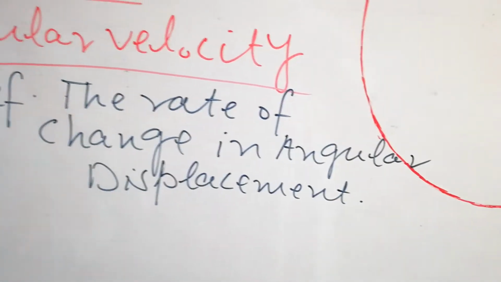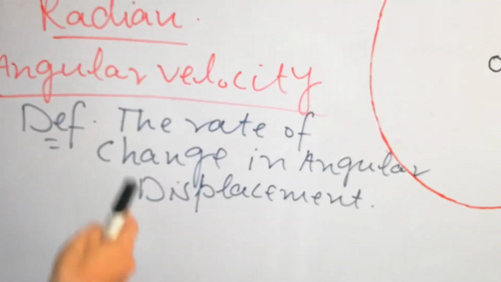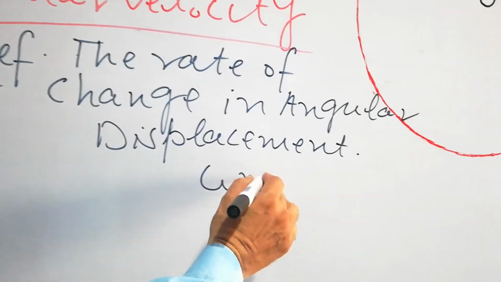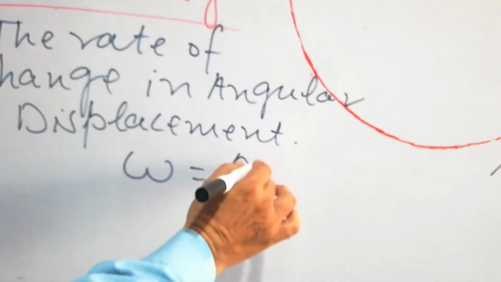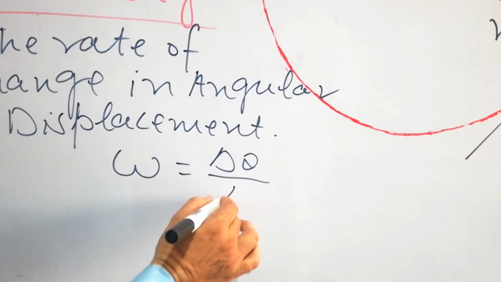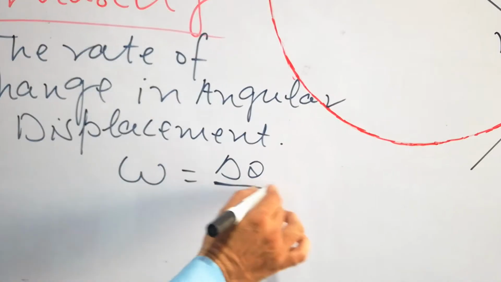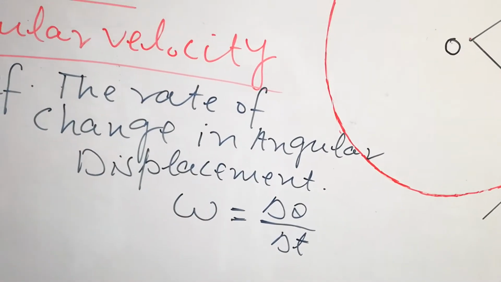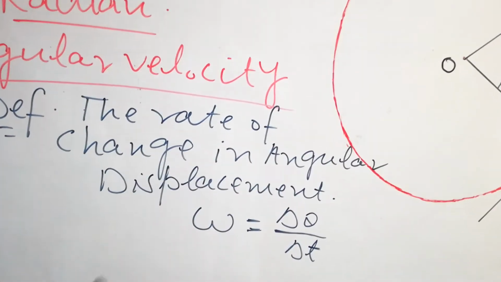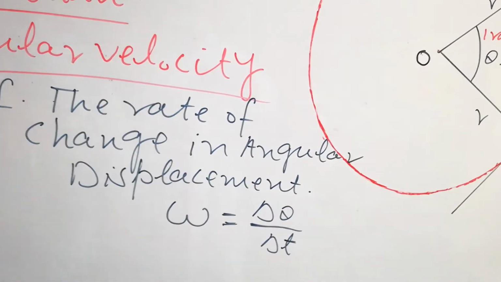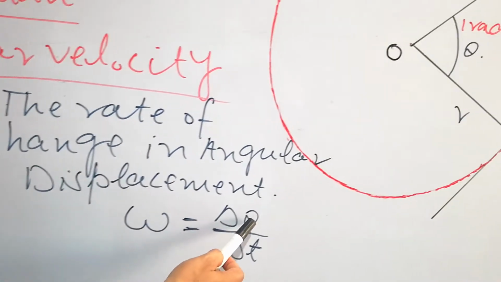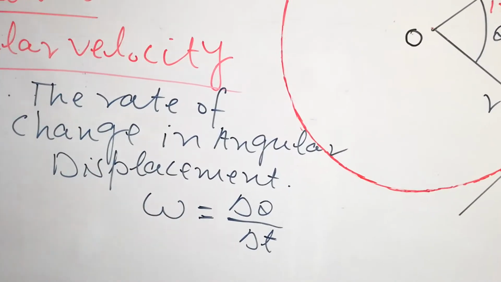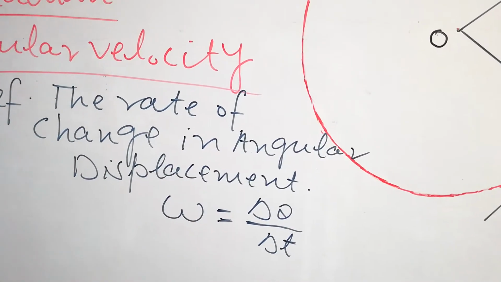The rate of change in angular displacement is called angular velocity, and it is denoted by omega. Omega is equal to delta theta over delta t, the rate of change in angular displacement. So that is the angular velocity.